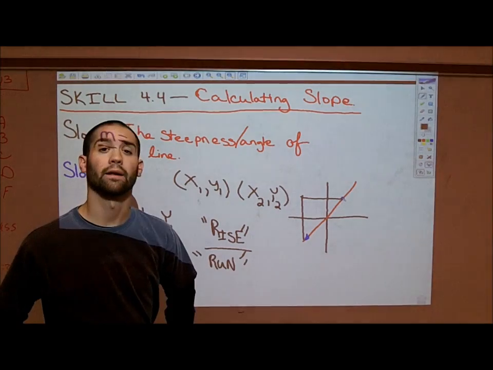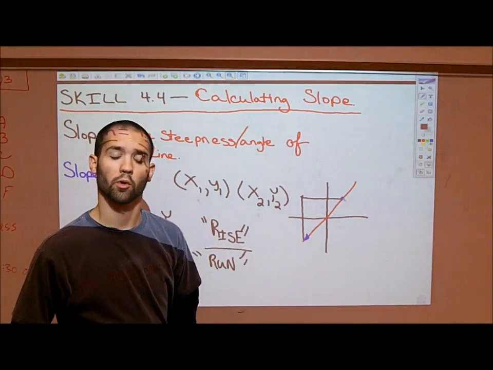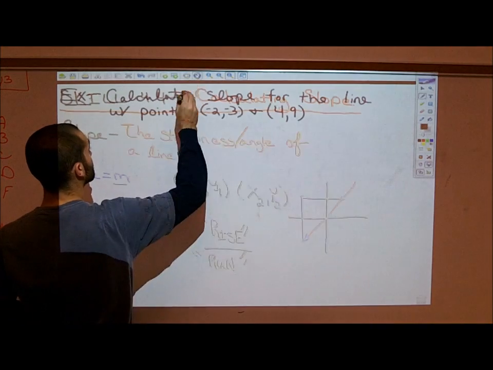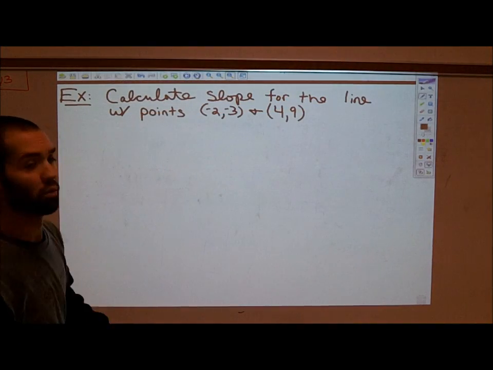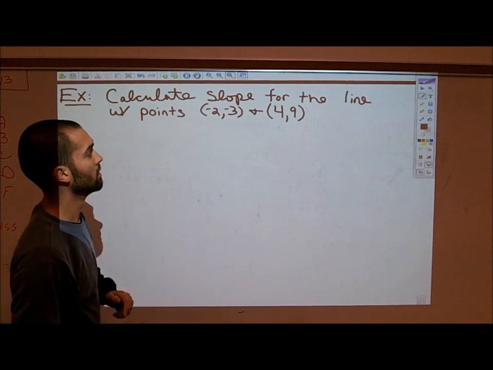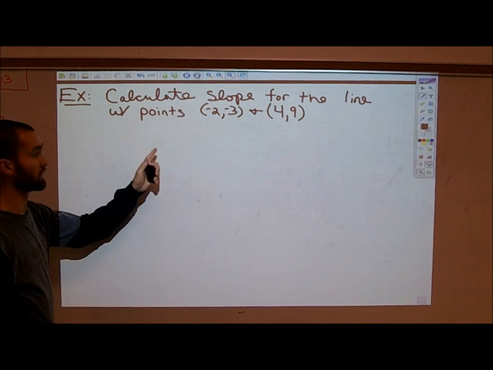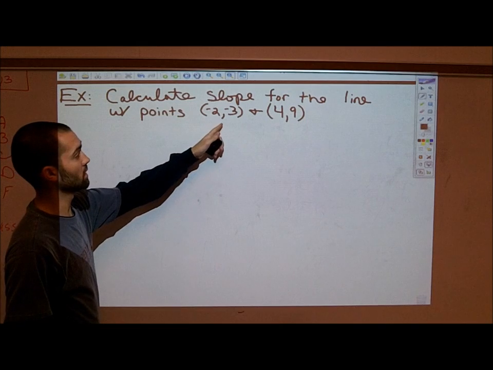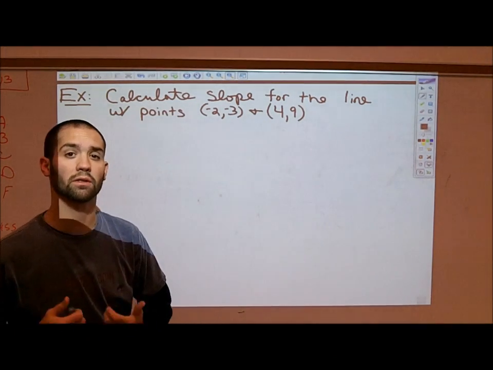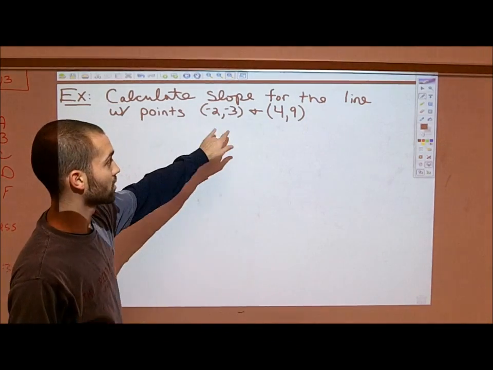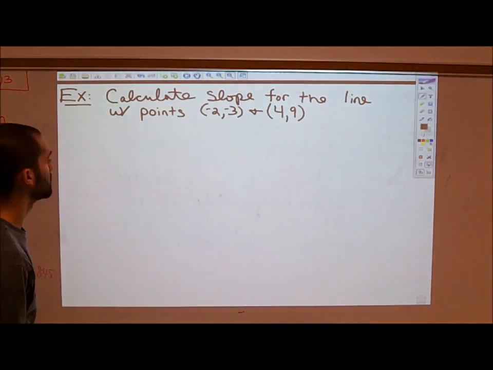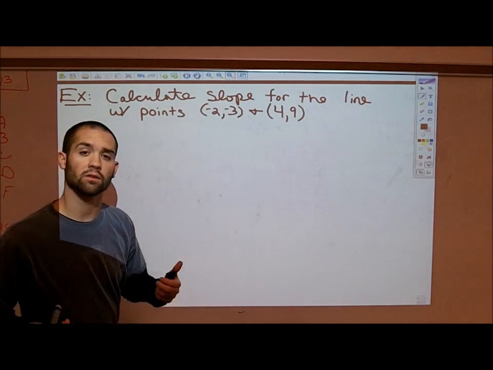So let's go ahead and do an example where we're trying to calculate slope for a line. For this example, it says calculate the slope for the line with the points (-2, -3) and (4, 9). We're going to calculate the slope of a line that goes through these 2 points. First thing we need is our equation.